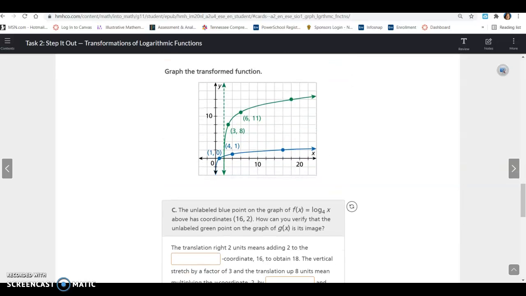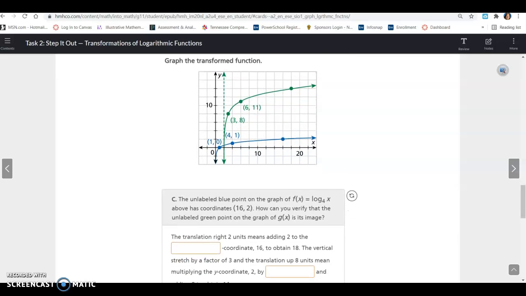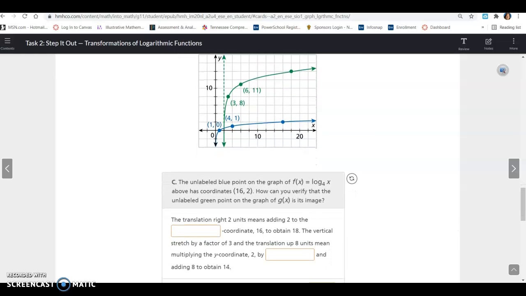All right, it says graph the transformed function. All right, so it says the unlabeled blue point on the graph of f of x. Okay, so this point here above has coordinates 16, 2. How can you verify that the unlabeled green point on the graph of g of x is its image? So they're saying, how do you know that this point goes to this point here?